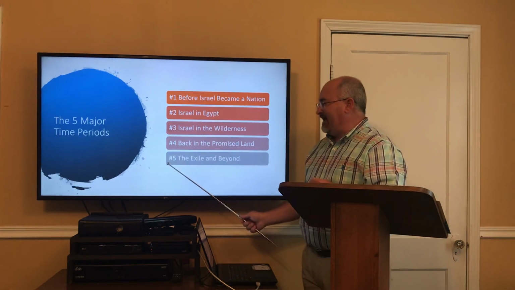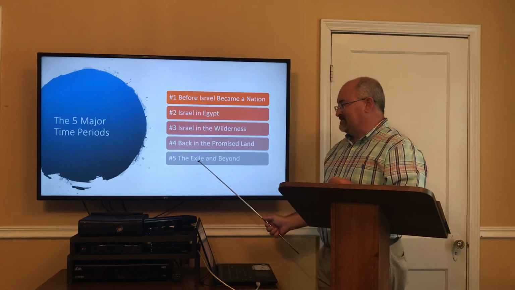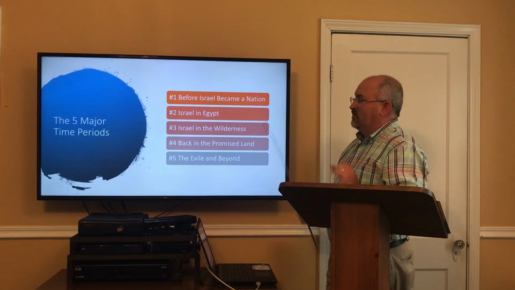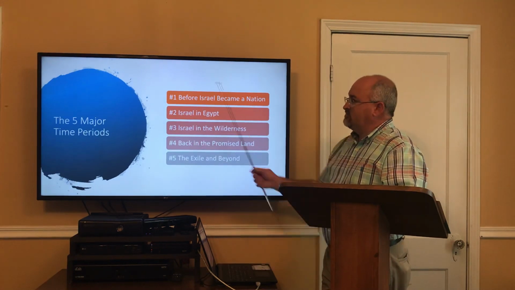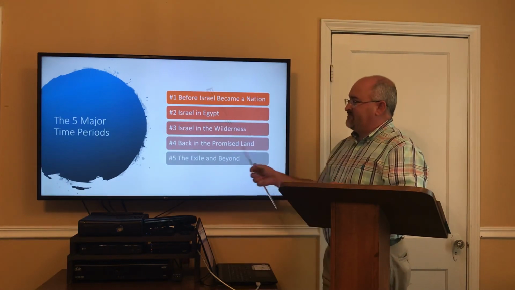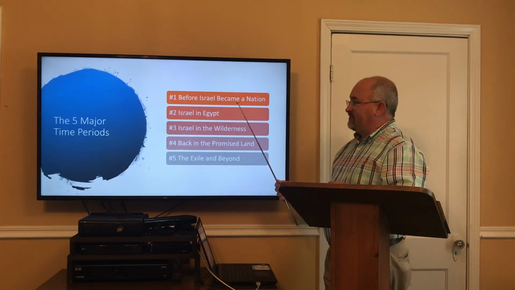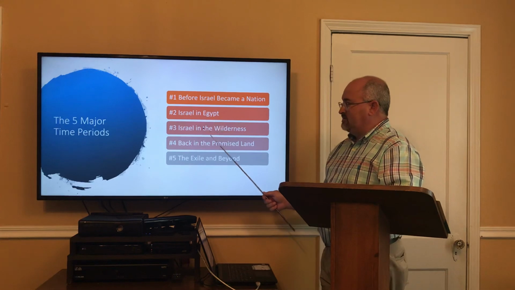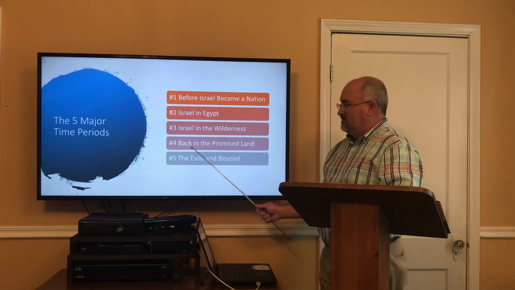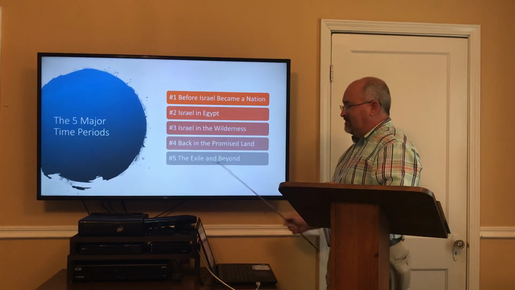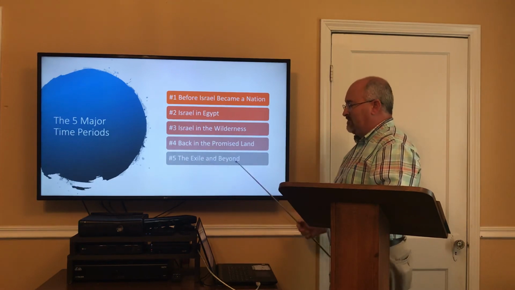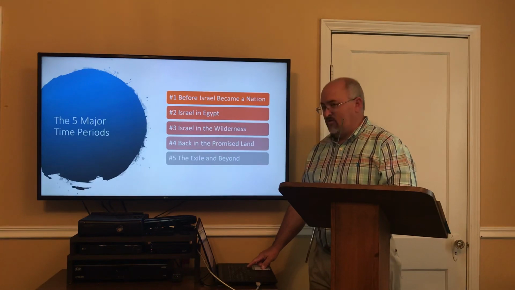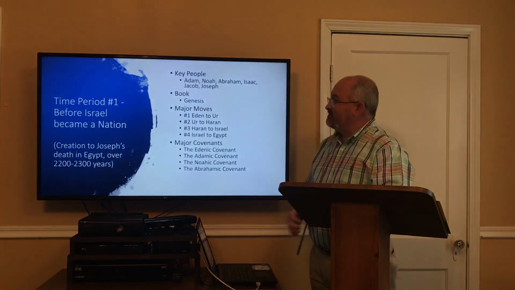And number 5 is the exile and beyond. Okay? Now we're going to dig into those. That gives you an overview of the 5 time periods: before Israel became a nation, Israel in Egypt, Israel in the wilderness, back in the promised land, and the exile and beyond. All right. Now once we put these together, you're going to go, wow, that's amazing.